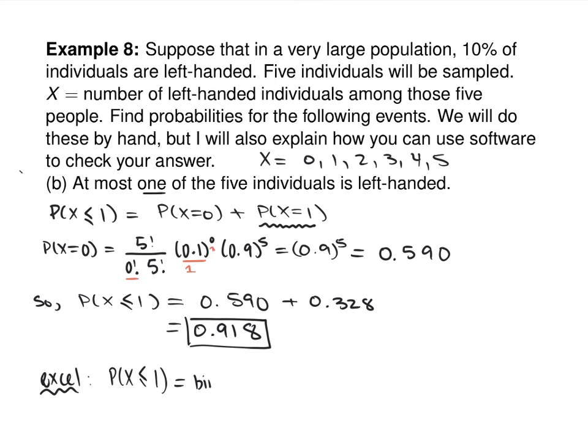So we're still going to do binom dist. First comes k, which is still 1. Next comes n, which is still 5. Then the p is still 0.1, but we say true here. And that true will tell it to do what's called the CDF, which we discussed in an earlier lesson. And that does this whole x less than or equal to a specific number.